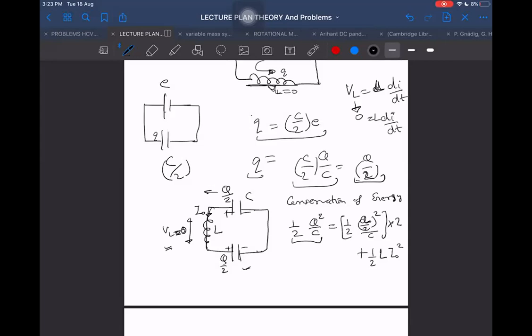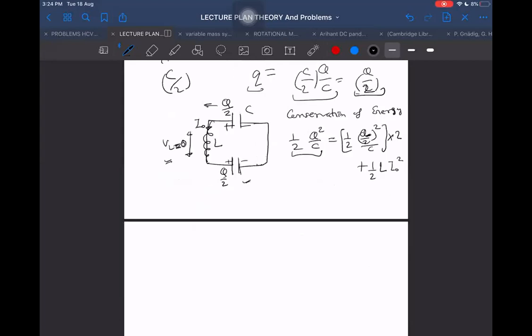So energy stored in both capacitors comes out to be half of (Q by 2) square by C into 2. Are we getting I naught from here? I think we are getting it now. Tell me what is I naught now. Q square by 4C, I think.